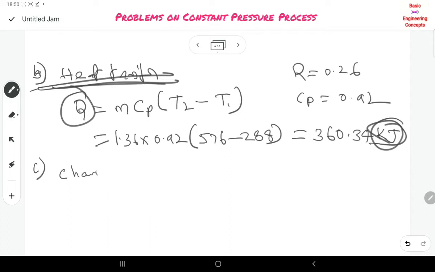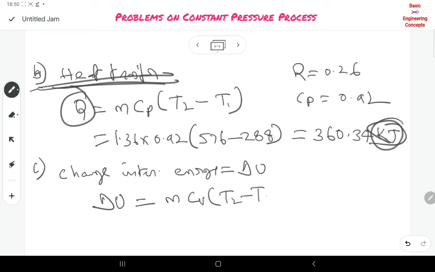The change in internal energy, that is delta U. Delta U is equal to the basic formula m Cv into T2 minus T1. As you know Cp and R, you can calculate Cp minus Cv is equal to R, then Cv is equal to 0.92 minus 0.26 is equal to 0.66.